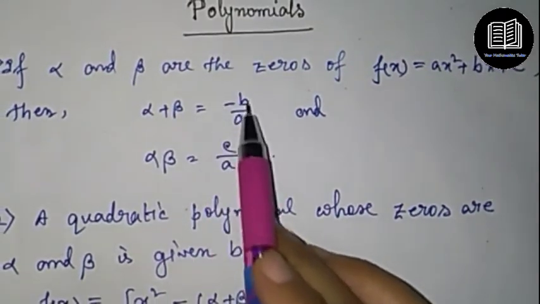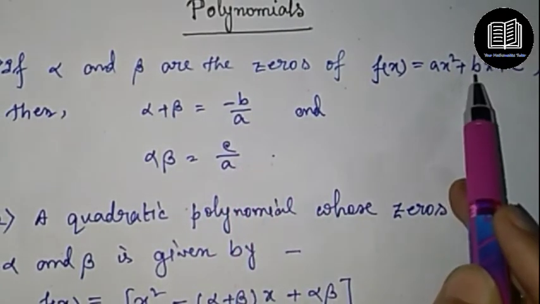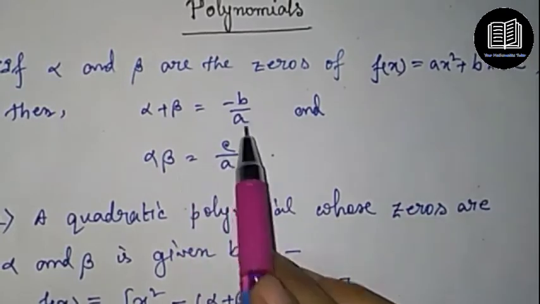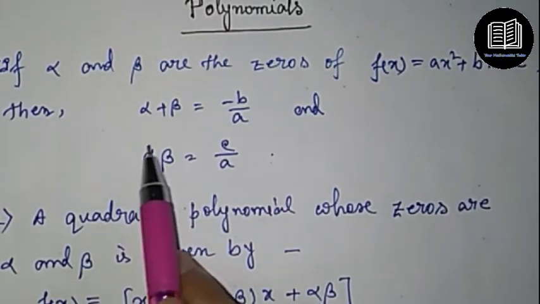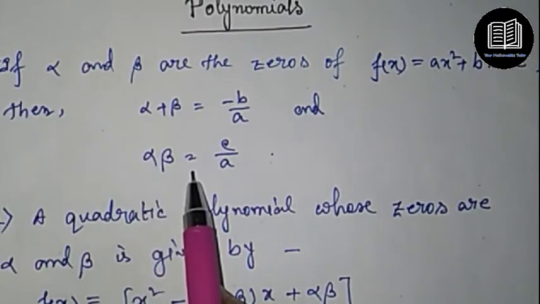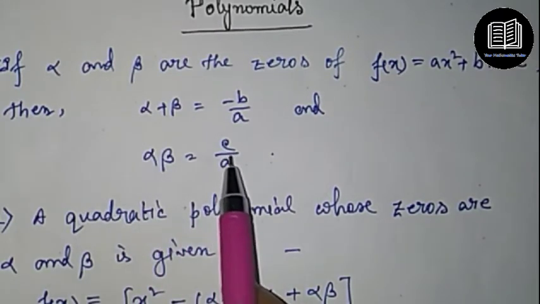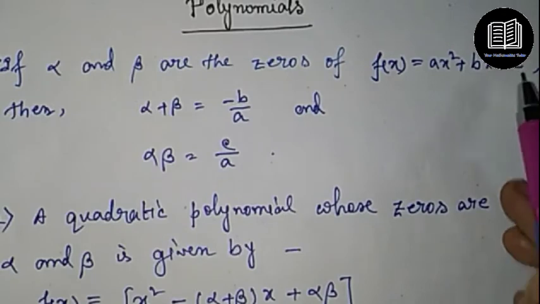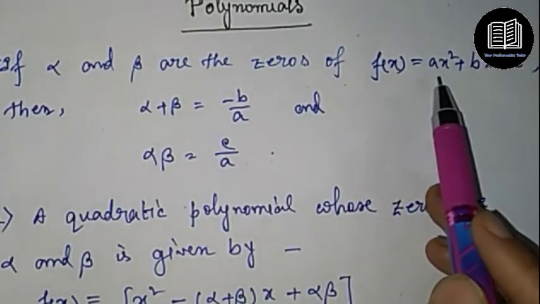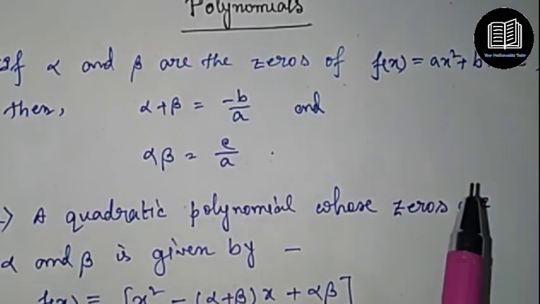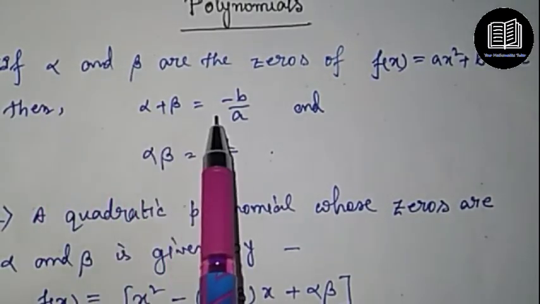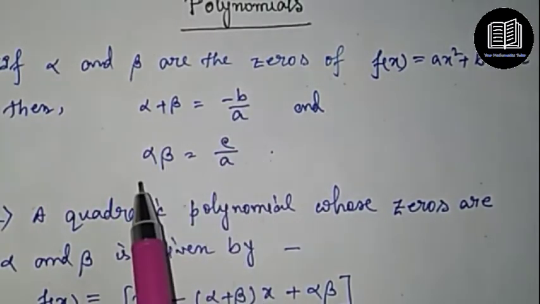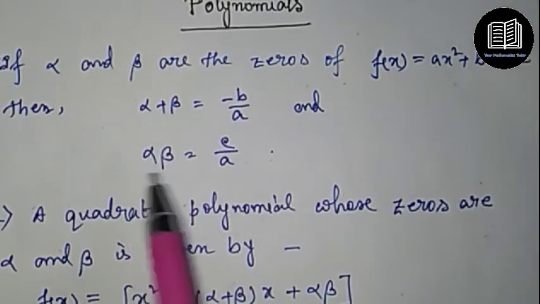What is b and what is a? b is the coefficient of x and a is the coefficient of x², right? And the product of the zeros is equal to c by a, where c is the constant term and a is the coefficient of x². Clear? That is, the sum of the zeros is minus b by a and the product of the zeros is c by a.